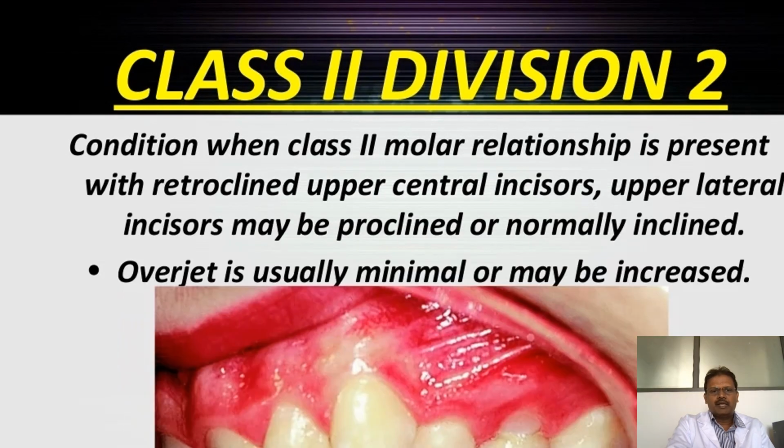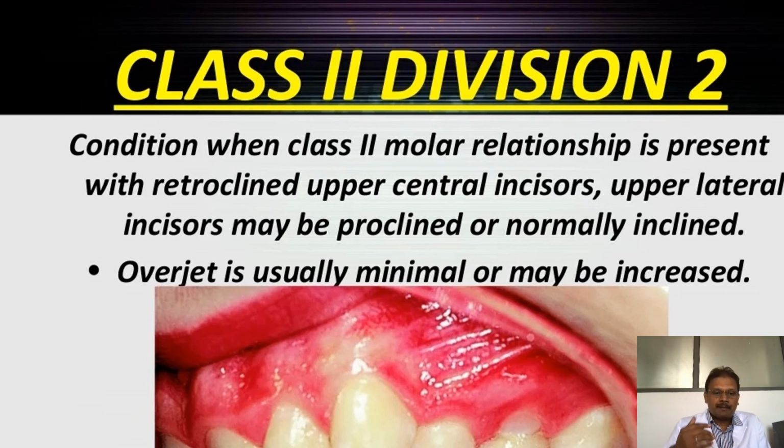So division 2 is the condition where the class 2 molar relation is present with retroclined upper central incisors, and the upper lateral incisors are normally proclined, and overjet is usually minimal or maybe increased. So it is called a deep overbite, and the tonicity of the muscles is normal.